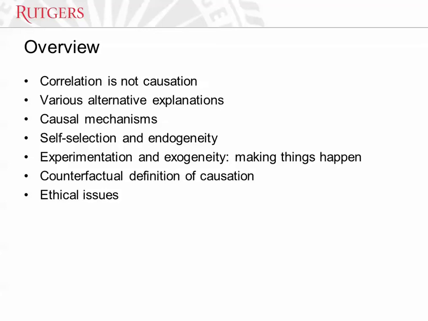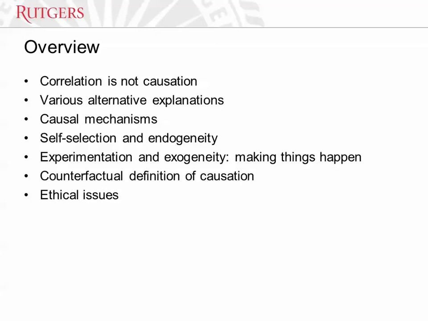At one level, it's a simple point, but it gets complex, especially when faced with real world evidence. And then in the process, we're going to look at various alternative explanations for a correlation. Variables can be related for a lot of reasons other than a presumed cause and effect relationship.